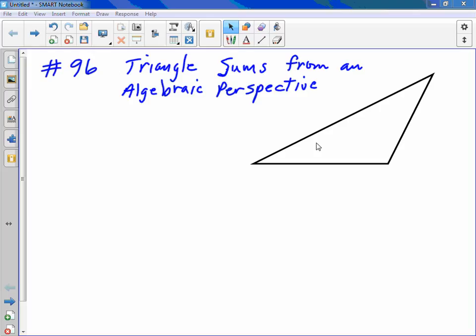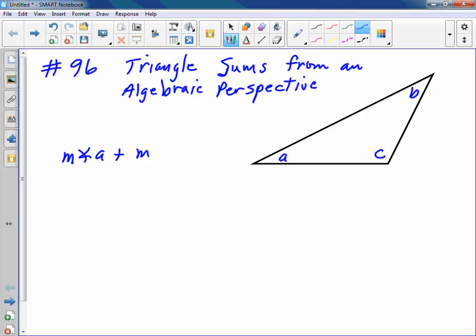So today we're going to work with the triangle sum theorem. You've already encountered it before, and it simply states that if you have a triangle with angles A, B, and C, then the measure of angle A plus the measure of angle B plus the measure of angle C equals 180 degrees.